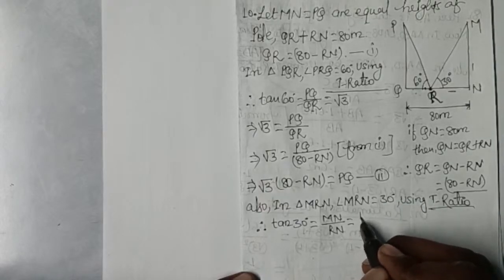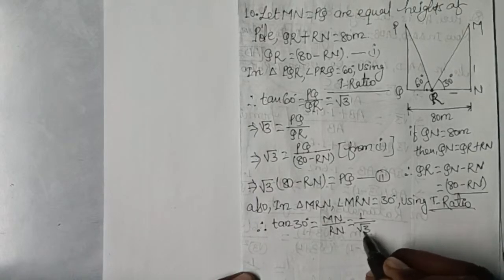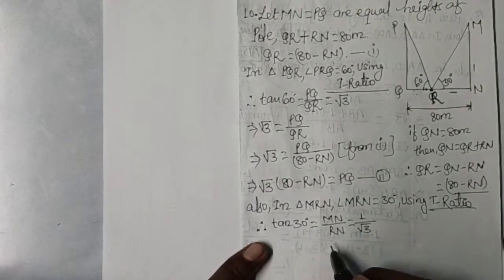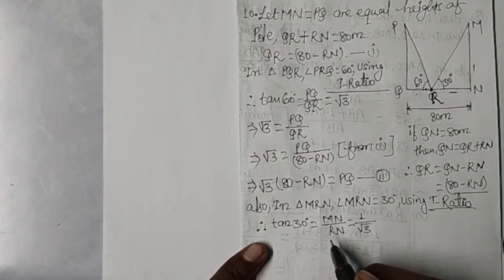You all know very well that tan 30 is 1 by √3. Now what is the value of RN?